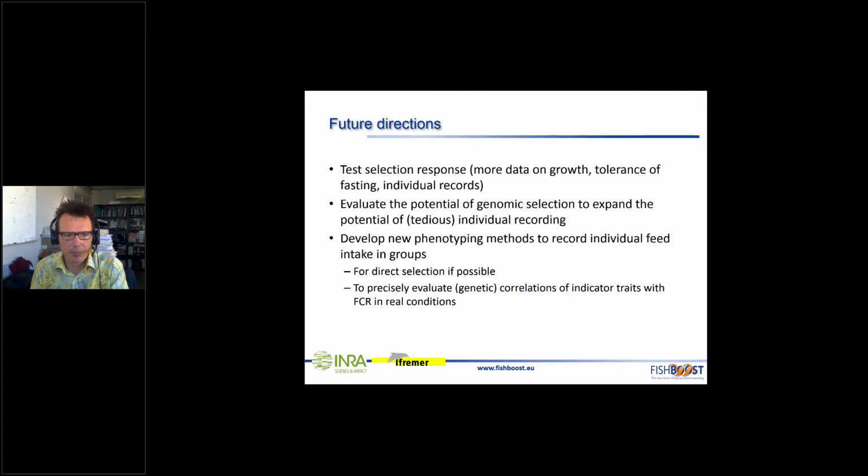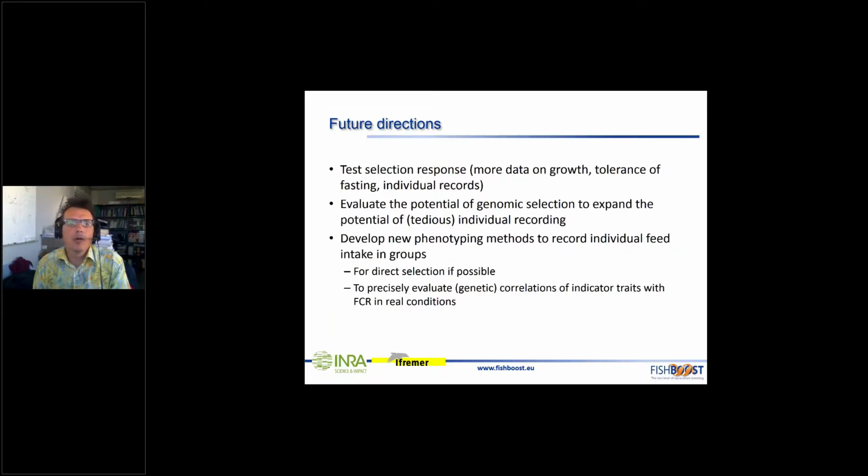Yes, I was wondering if you do these weight loss measurements on the fasting and you are not taking account of the digestibility differences of the fish, right? And maybe they are an important part of the feed efficiency. Yes, it may be that the efficiency of digestion is important.